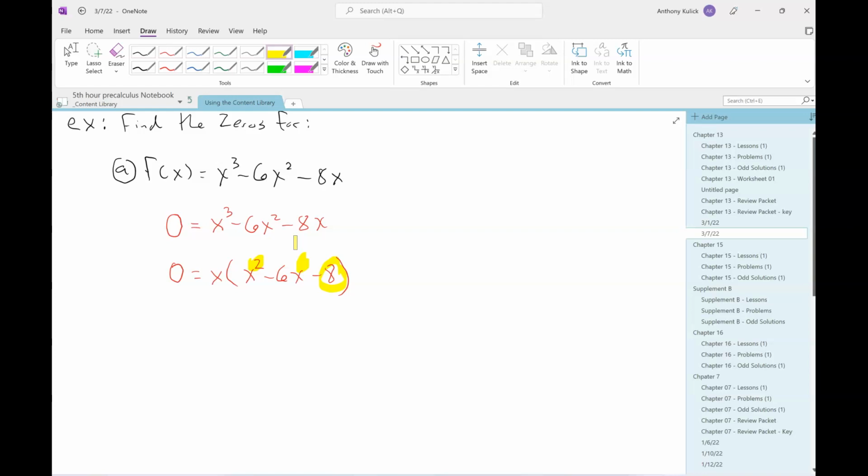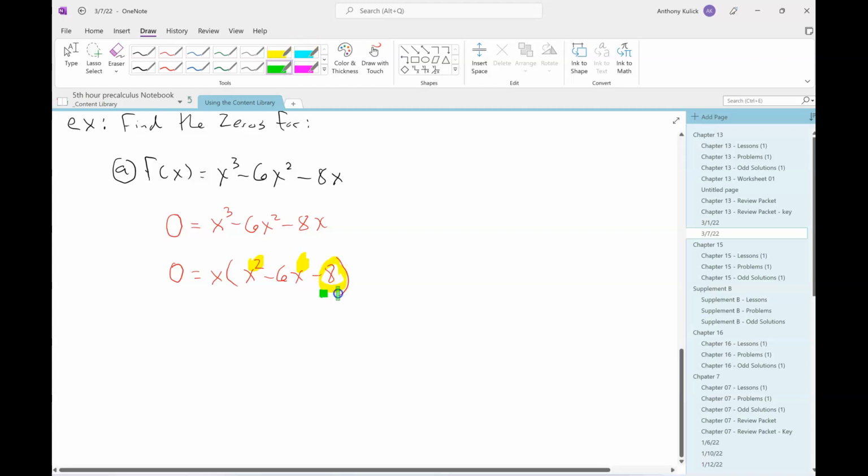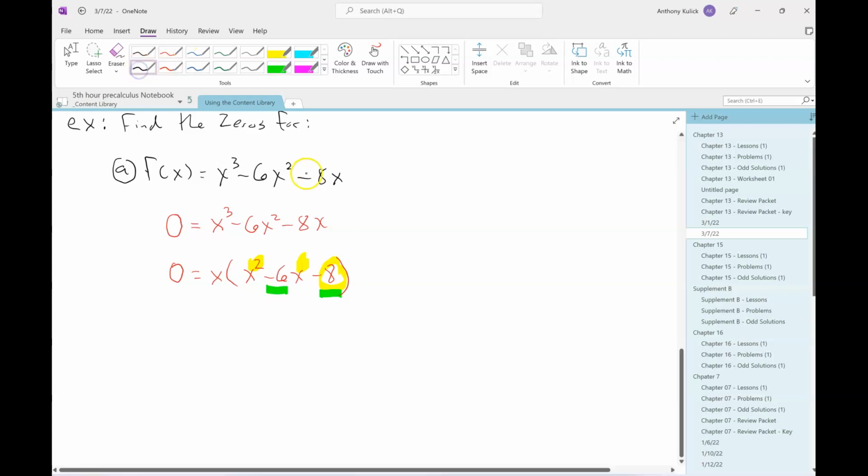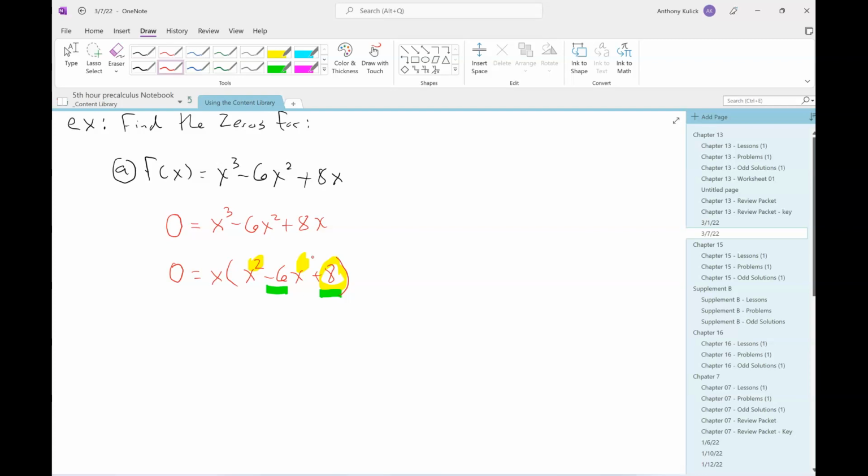It's the shortcut. So all we need to do is find 2 numbers that multiply to give us -8. Oops, Mr. Kulik wrote down a bad example. Let's change that to positive +8 and add to give us -6.